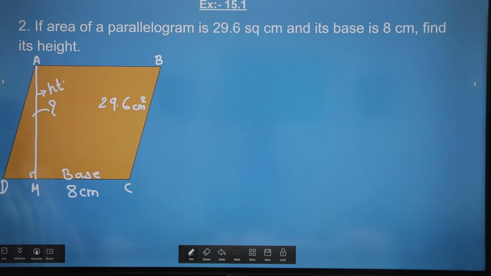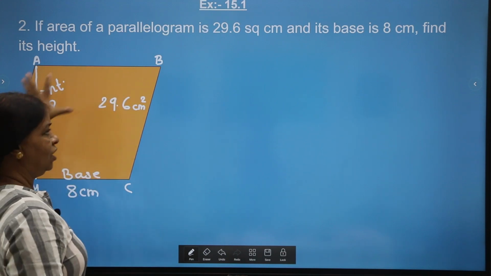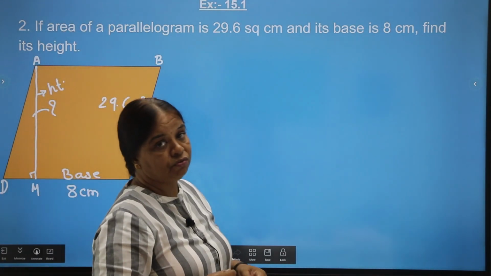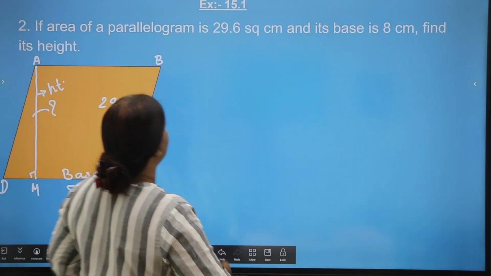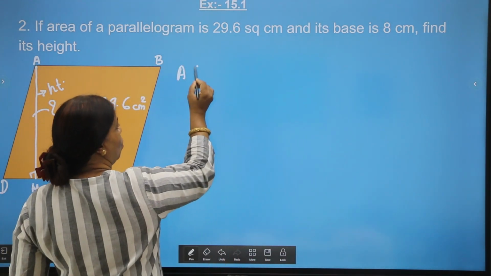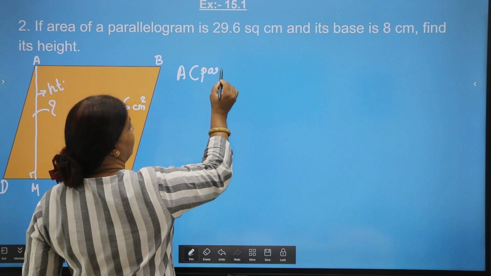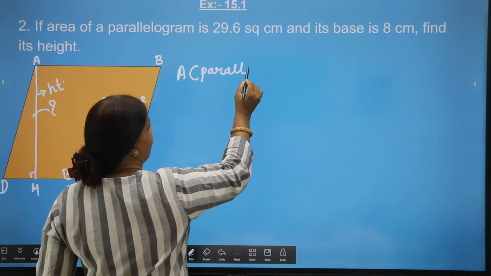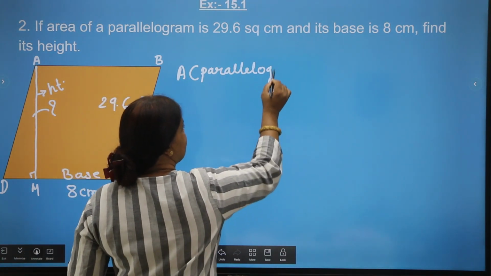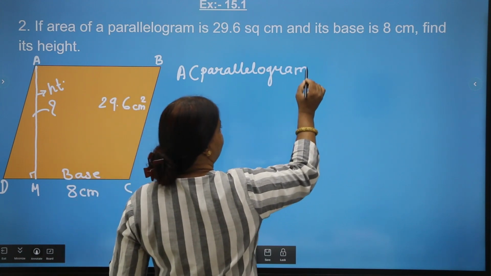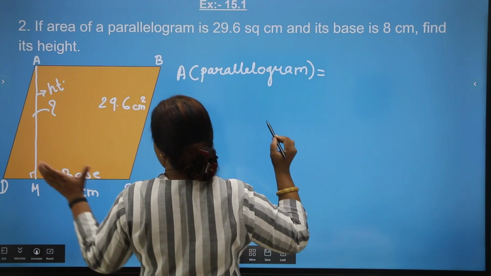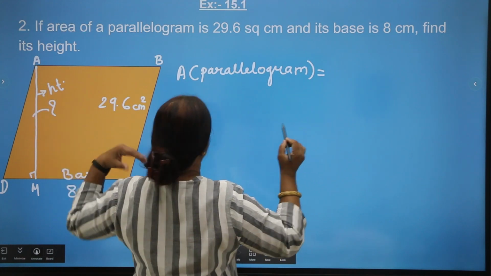HT means height. We know this is a parallelogram. We will use the formula for parallelogram. So we can write area of parallelogram. Area of parallelogram is equal to base into height.